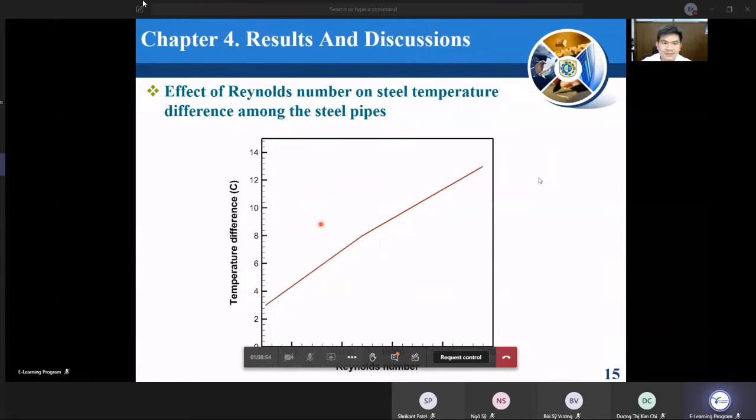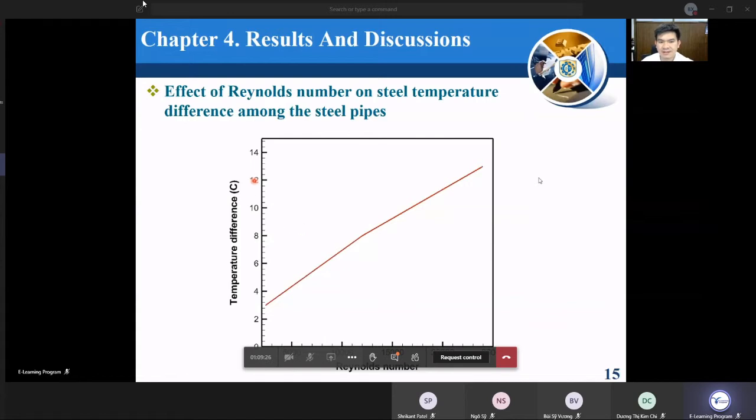It's also studied the effect of the Reynolds number on the steel temperature difference among the steel pipe. Here, we can see when we increase the Reynolds number at the inlet, it also increases the temperature difference, because if we increase the Reynolds number at the inlet, it means we increase the velocity, and we can reduce the annealing process time.